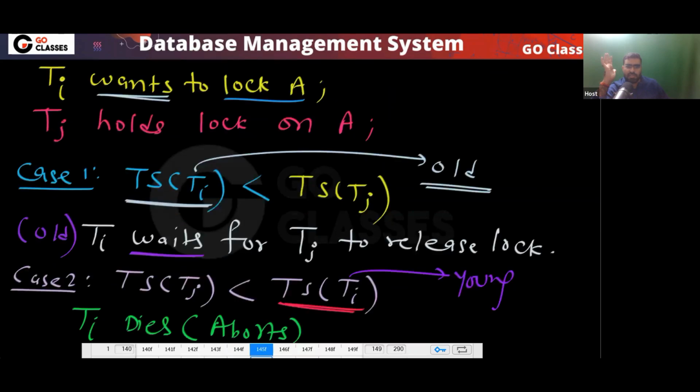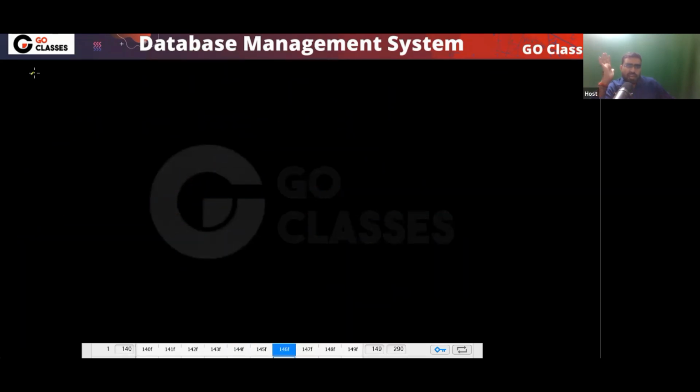Did you understand this? So what does this wait-die scheme say?